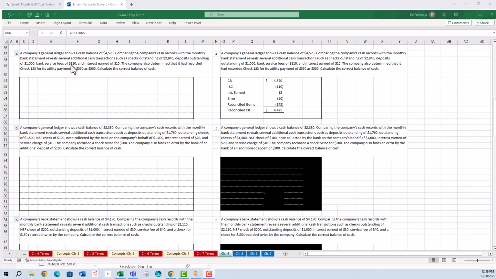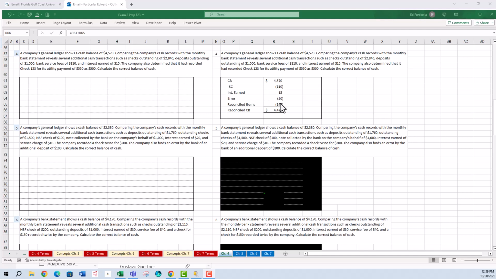We're aware of all our deposits. The bank's not aware of any deposits that haven't been posted yet. So these two transactions would affect the bank side of the reconciliation, and because we're not given the bank balance, they're irrelevant to our calculation.